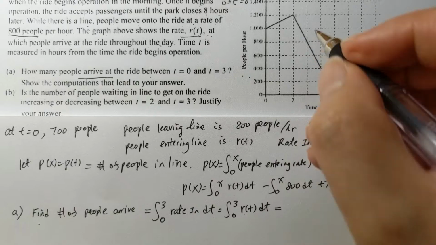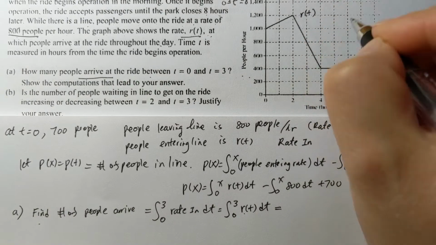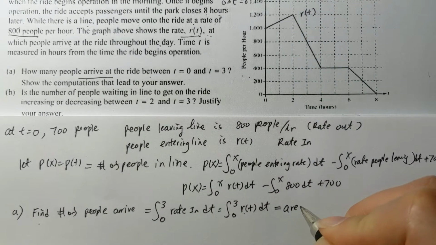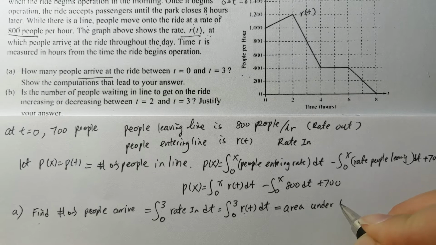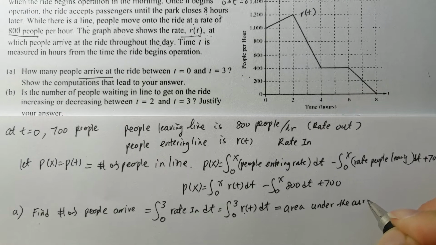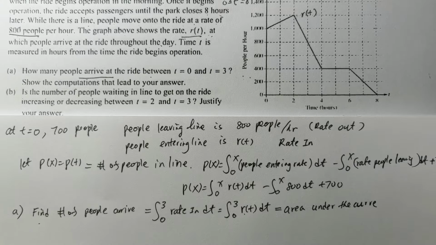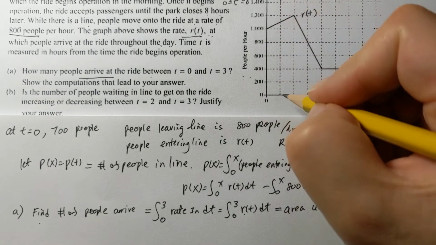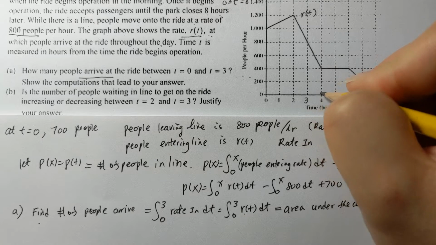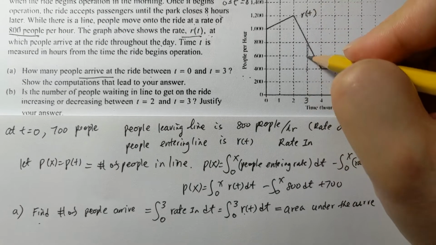And R(t) is the graph. So we're going to use the area under the curve. We're going to use what we learned before to find the area under the curve. Everything's above the x-axis, so therefore everything will be positive when we find the integral. 1, 2, 3. 3 is right here.